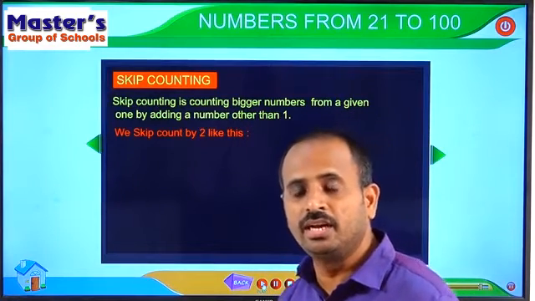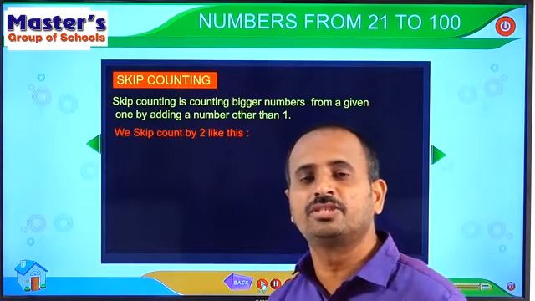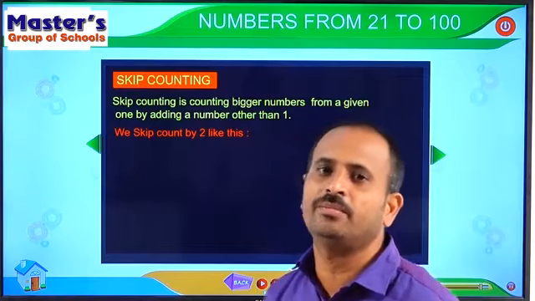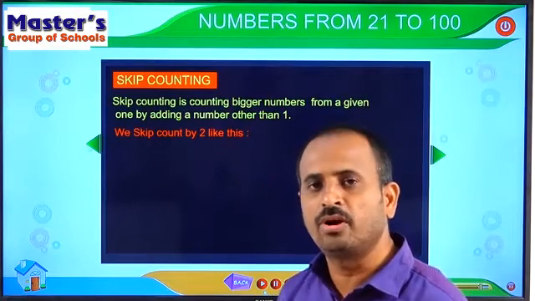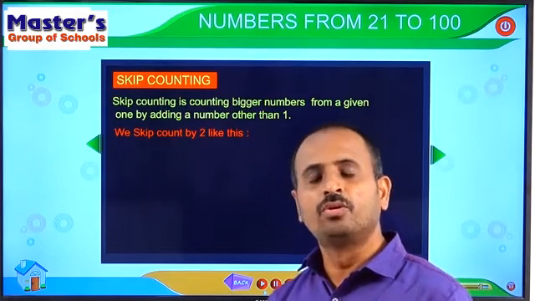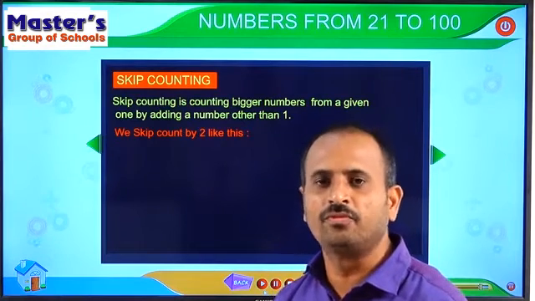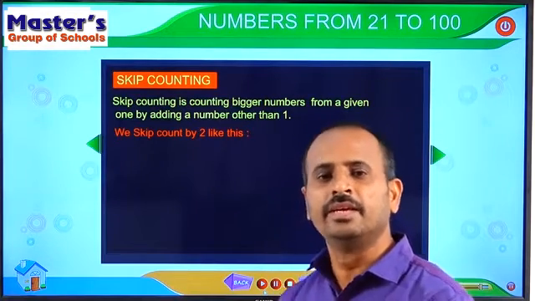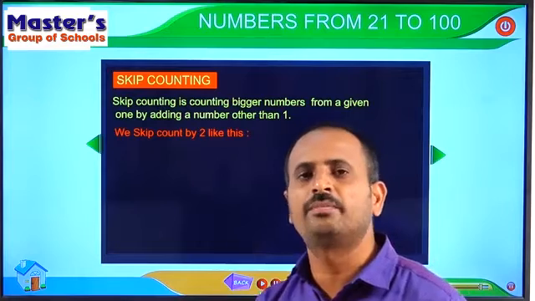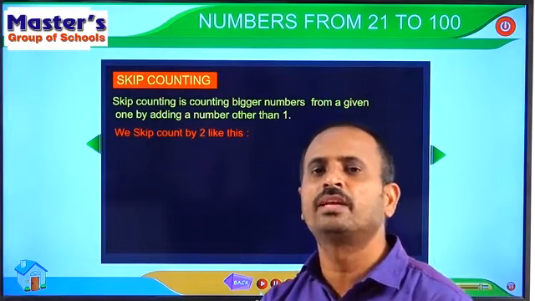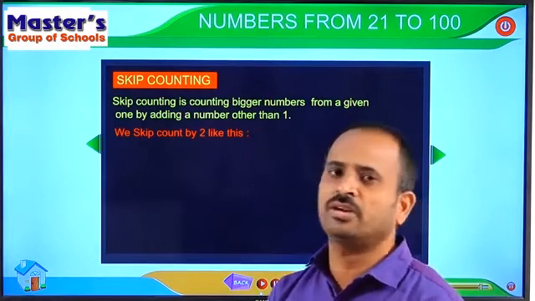Generally we can count the numbers just by adding 1 to the given number. 1, after it 2, how can we get 2? By adding 1. 2, after it 3, how can we get 3? By adding 1. And 3 after 4, 4 after 5, 5 after 6. In this way we can count the numbers just by adding 1 to the given number. So that is called general counting.